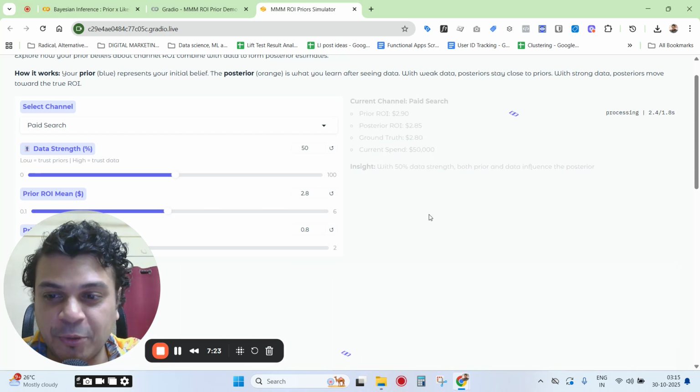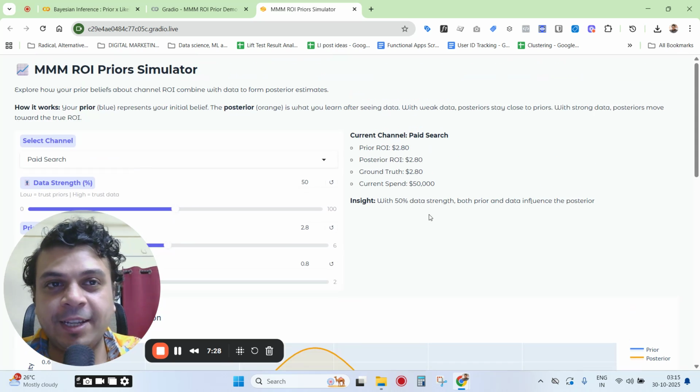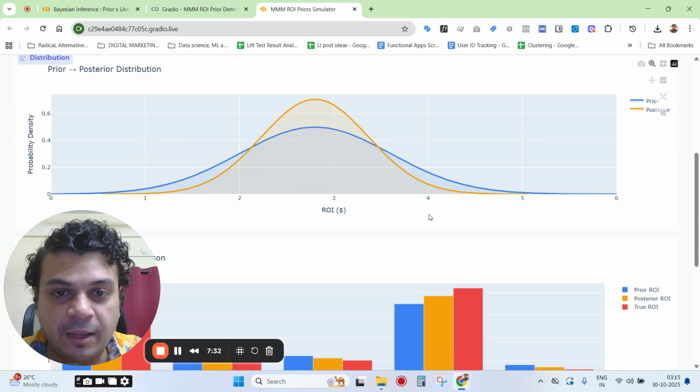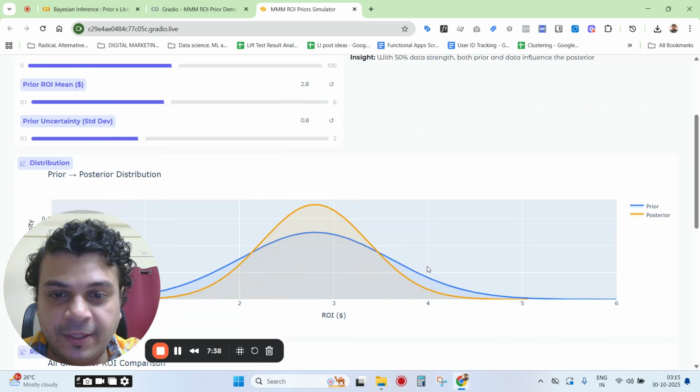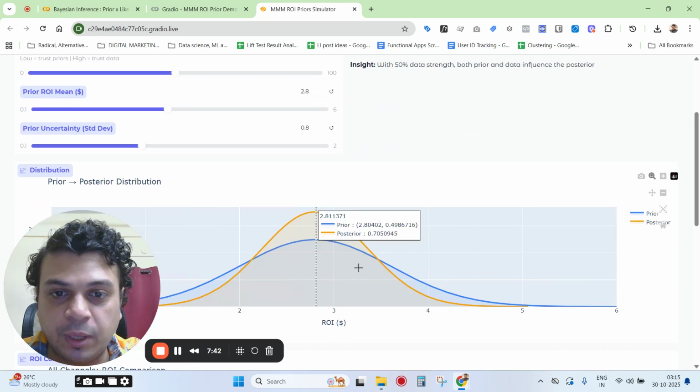This is actually not going to be the case in practice, of course. First of all, we never know the exact ground truth. There's no such thing as precise ground truth, but yeah, it gets pretty close. So you'll see now that these two distributions have the same mean, which is 2.8. The standard deviations differ, of course, which is why the distributions look different.